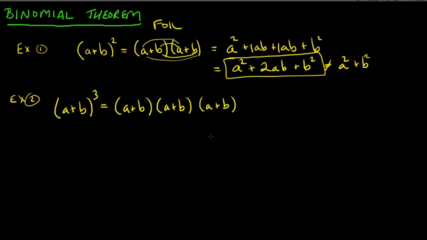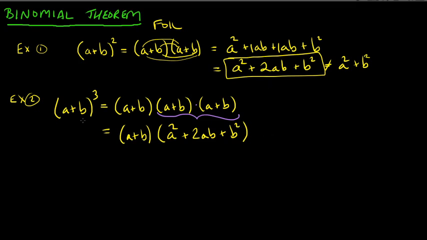A bit of a nuisance, but we can do it. In fact, we already did part of it. I'm going to do the second two here, the product of these. We did that, (a plus b) times (a plus b). So I'll leave this one alone. This is just what we got earlier, a squared plus 2ab plus b squared. We already multiplied this out up here.